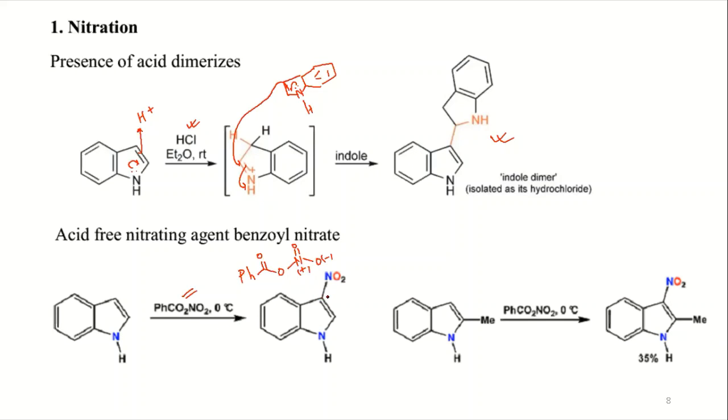You have the reactivity at this beta position. So beta position nitration. Even if you have this group protected at the alpha position, still you don't have any problem. You have nitration at the beta position. Okay, the reaction mechanism is not difficult. It's directly attacking the nitrogen center, and this is coming out. Okay, so this is easier.